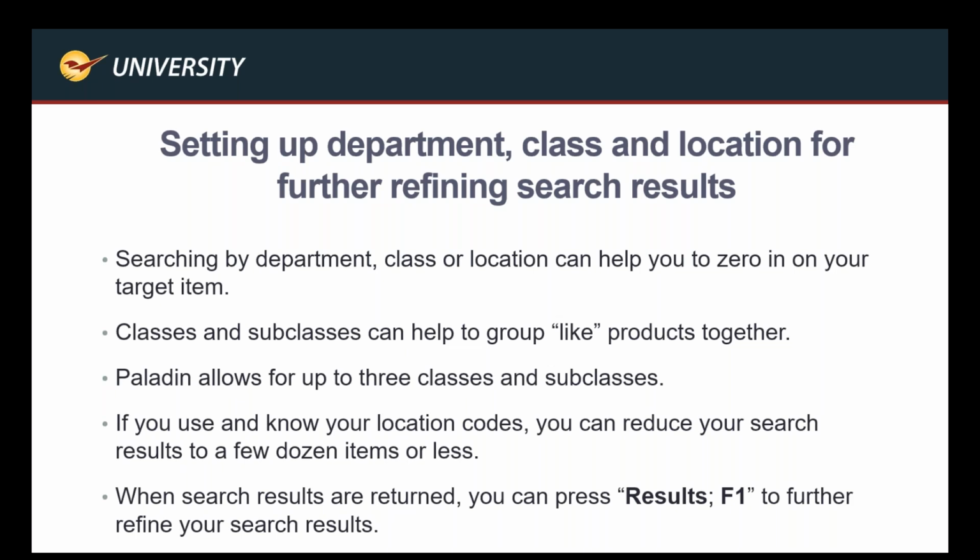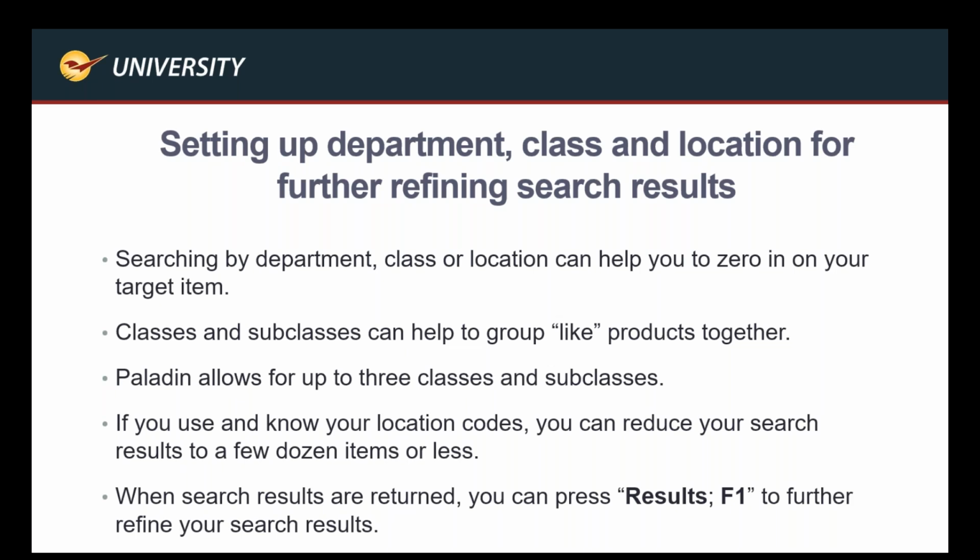I know it maybe seems like a daunting task, but you'll be able to leverage more functionality in Paladin, not just in the advanced lookup window and other reports as well, other modules, but definitely in the advanced lookup window because you can do specific searches by location and bring up those items, which is very helpful. But other than location, you can do classes.